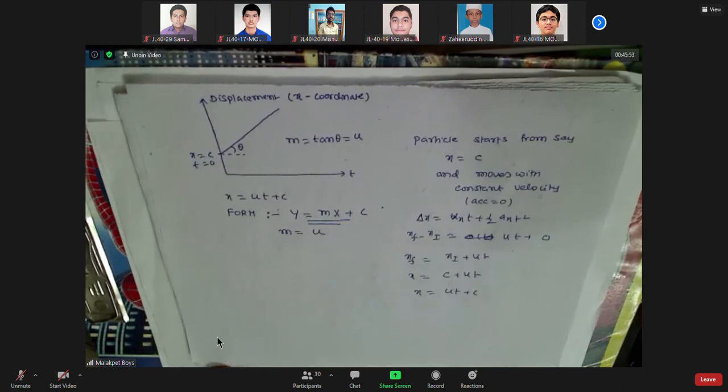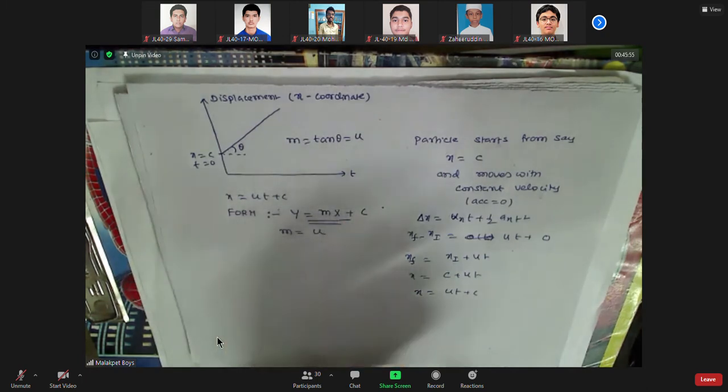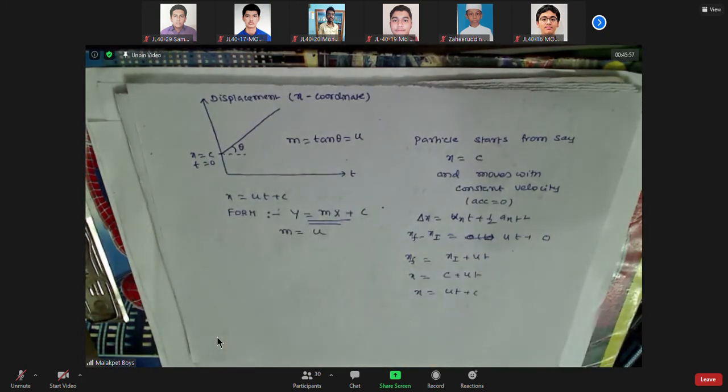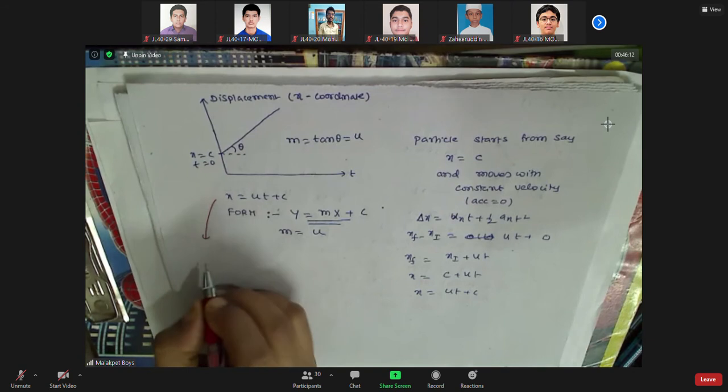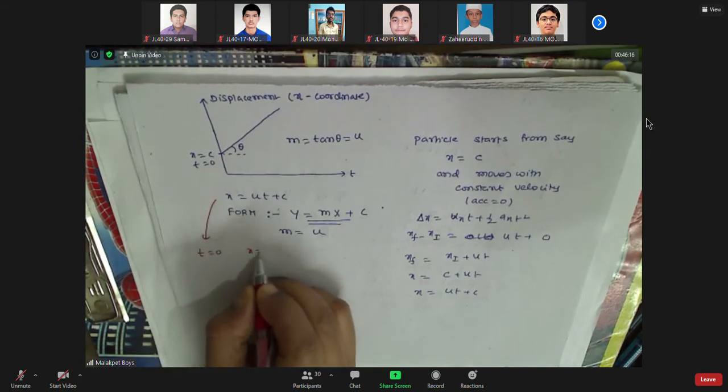This is the shape of y equals mx plus c. If you want to get a plot like this, a brief knowledge: if t equals 0, what do you have? x is equal to c.